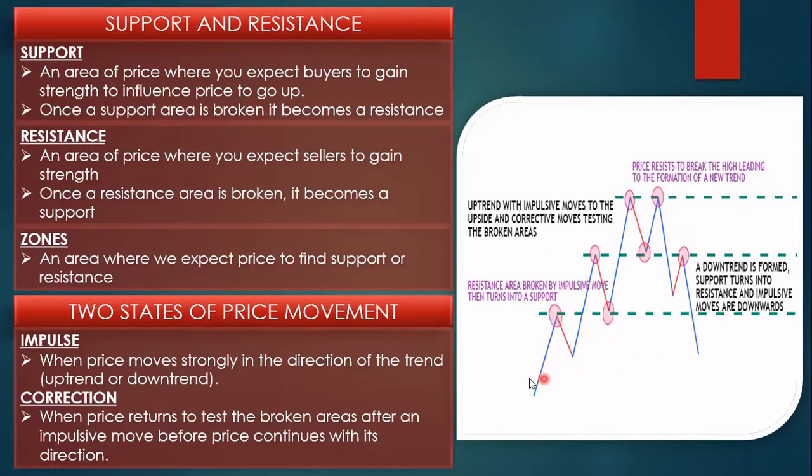Now we have to talk about the impulse and correction. The impulse is when the price moves towards the direction of the market. The blue lines are representing impulses, and the red lines are representing corrections. The price had broken here with this impulsive leg. Now with this corrective leg, it is going to test that area that was support, before it goes up.